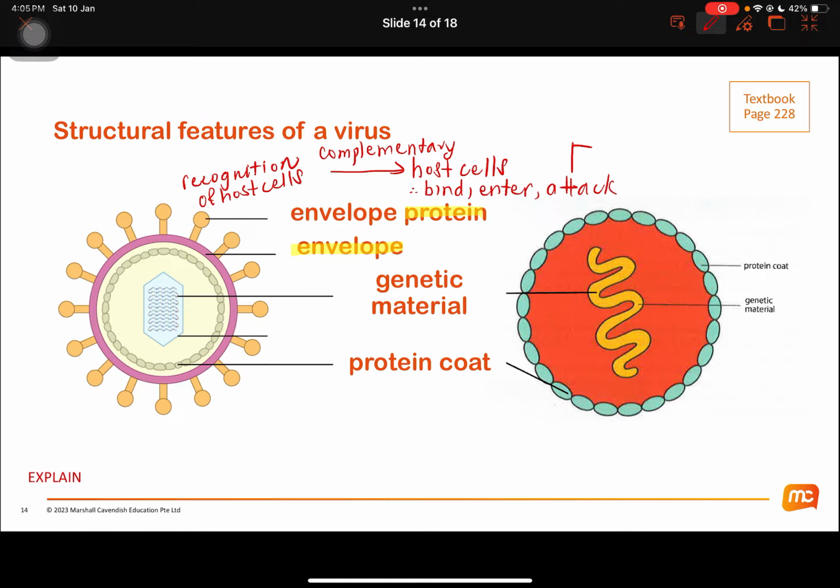It attacks by taking over the host cell machinery to reproduce. Right? So it's really very smart in that sense.